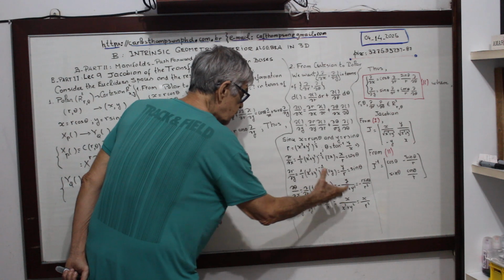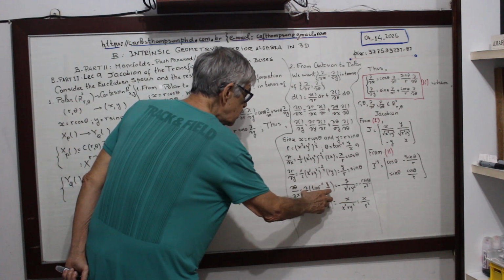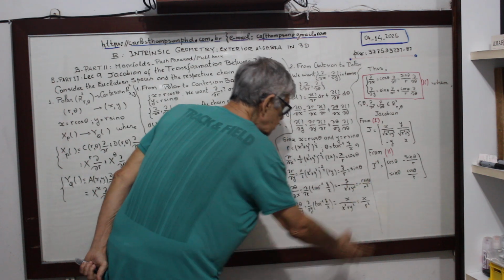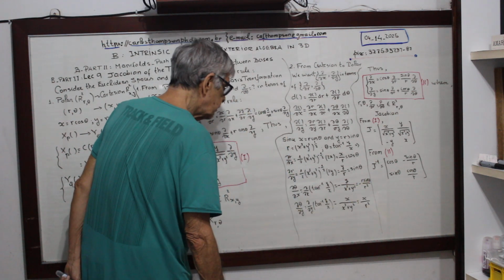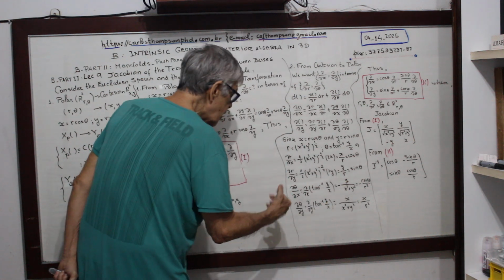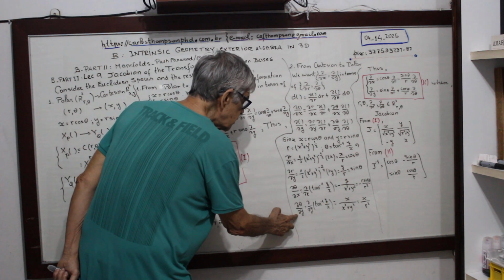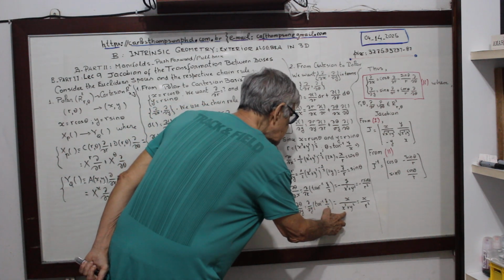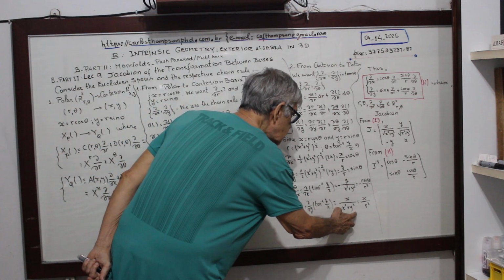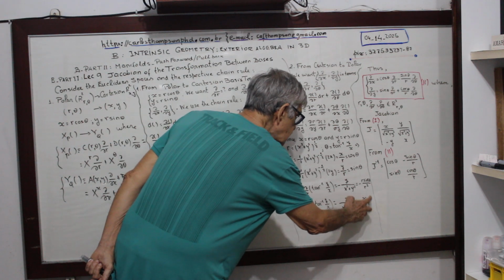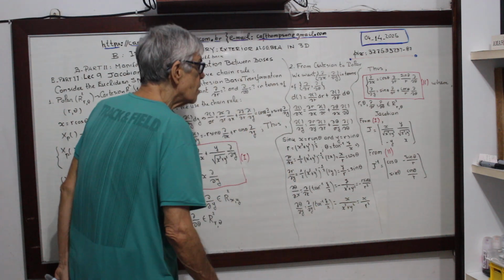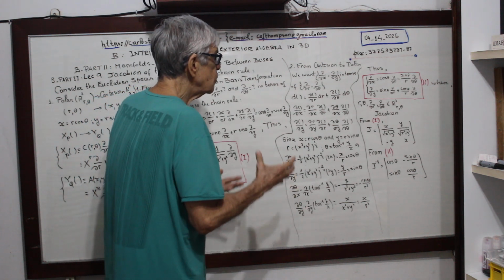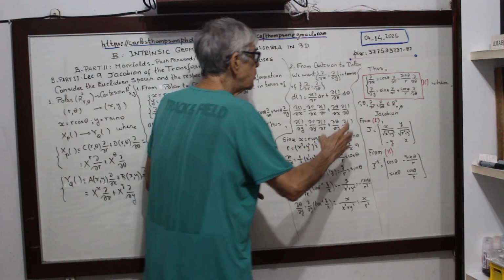So, from calculus, you take the derivative here. This leads to minus r sine theta divided by r squared. Likewise, this partial derivative here is x divided by x squared plus y squared, which is x divided by r squared.